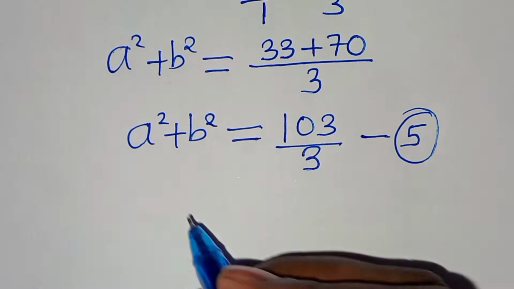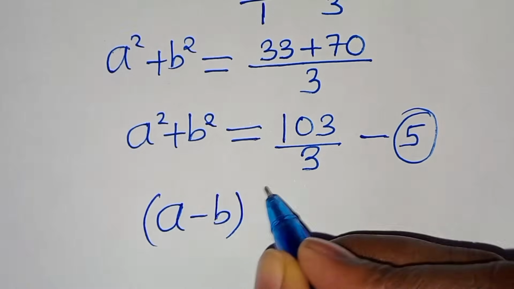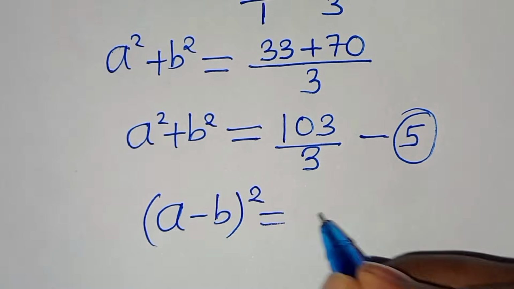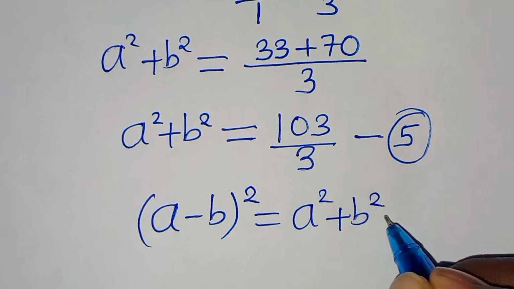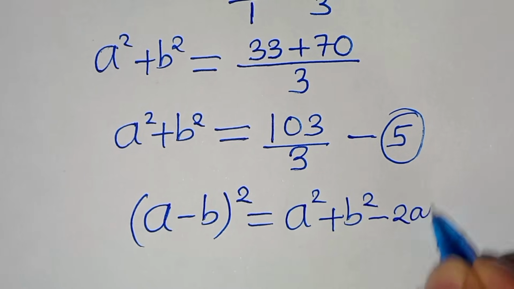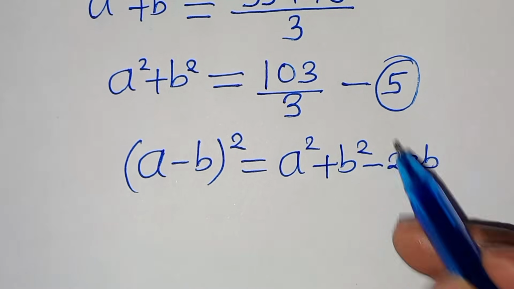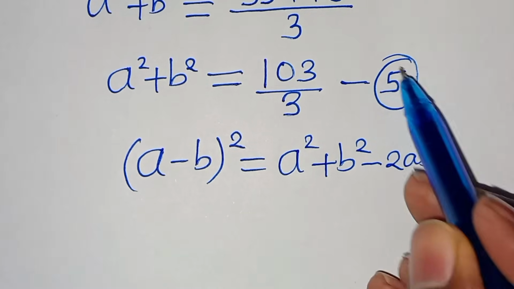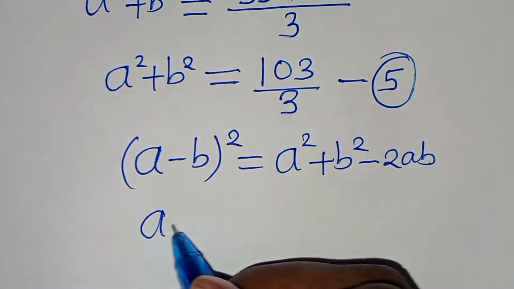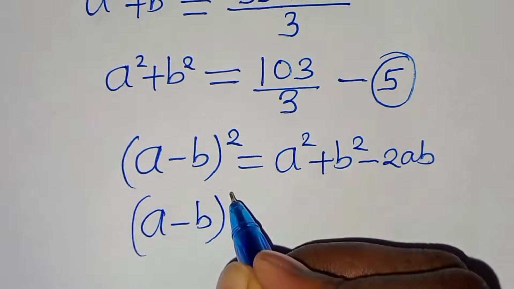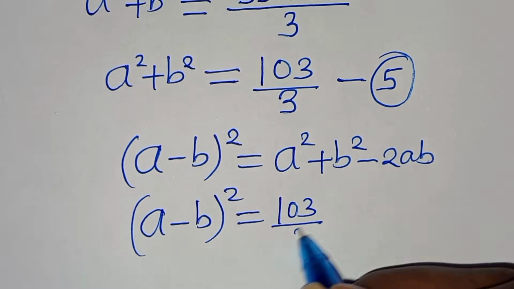Now, we have that a minus b raised to the power of 2 can be expressed as a to the power of 2 plus b to the power of 2, then subtract 2 times a times b. A squared plus b squared is what we have in equation 5, which is 103 over 3.